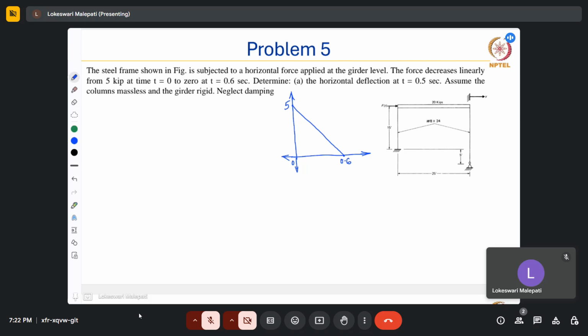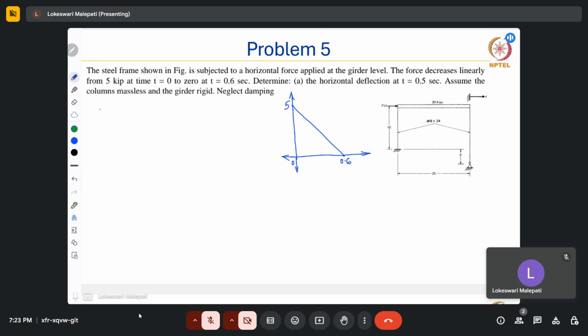For this kind of pulse, we need to find the horizontal deflection, that is the displacement at time t equal to 0.5 seconds. That means first we need to find the forced vibration response for this case. So first let's write down the equation of the force for this problem.